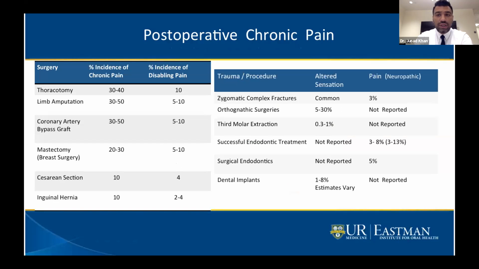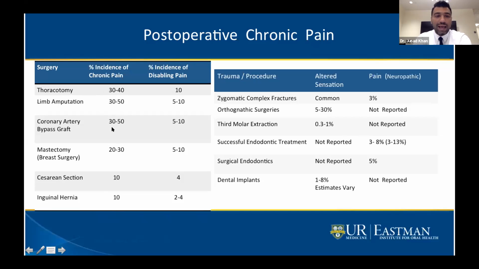One of the things that I want to share and talk about very briefly is post-operative chronic pain. If we look over here, these are some very common medical procedures that are done: thoracotomy, limb amputation, bypass, mastectomy for patients who have cancer. And when we look at the numbers, we can see that the percentage incidence of chronic pain is anywhere from 30 to 50%, pretty high.